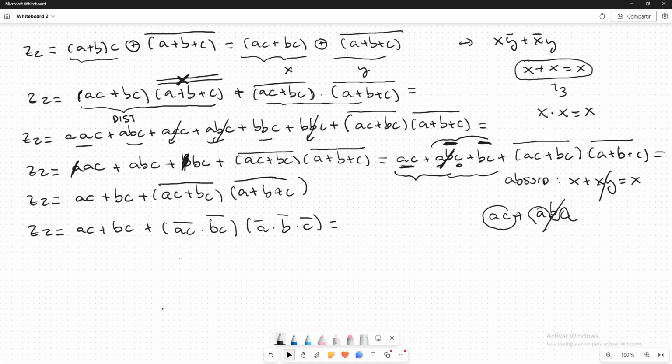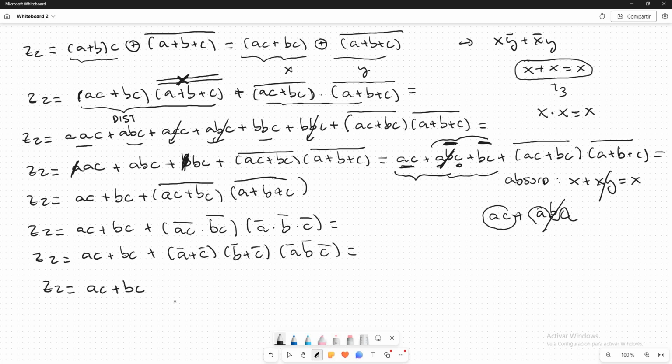If we apply again De Morgan's theorem, we have the following. So again, we can apply the distributive property. And we are going to have the following. You can check it if you want.